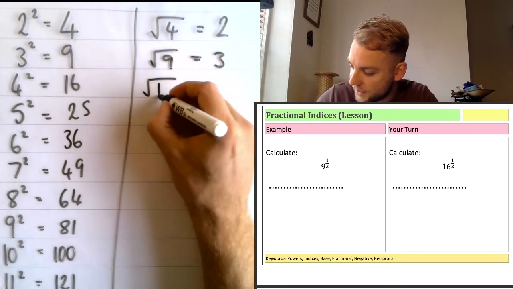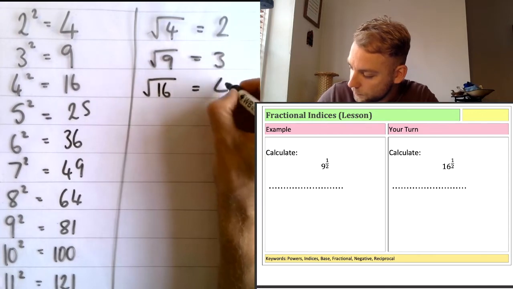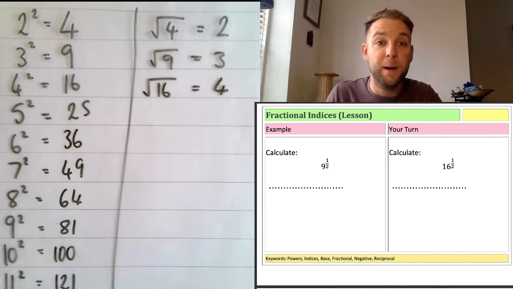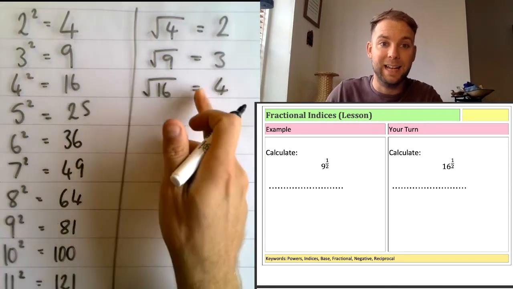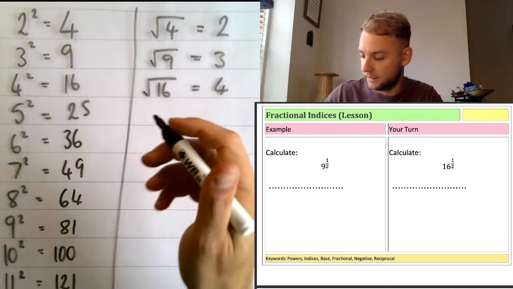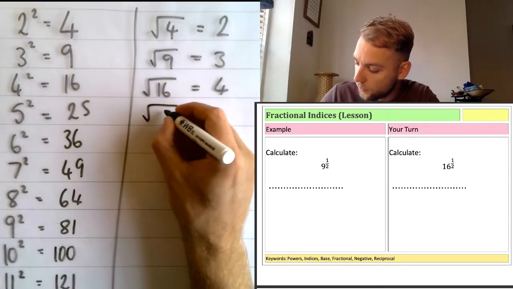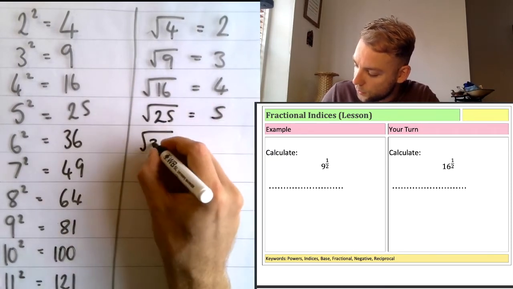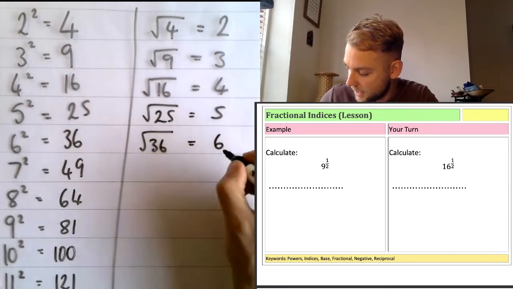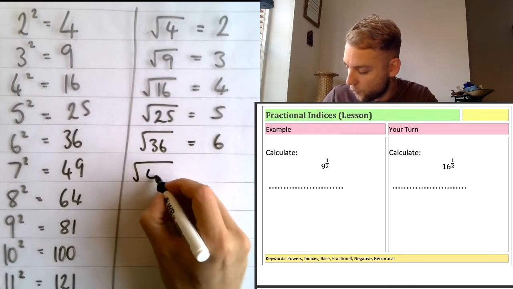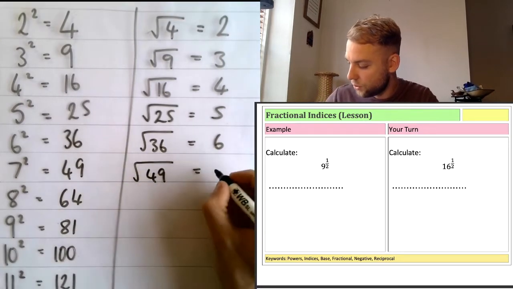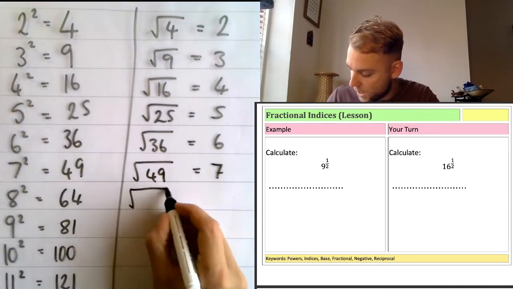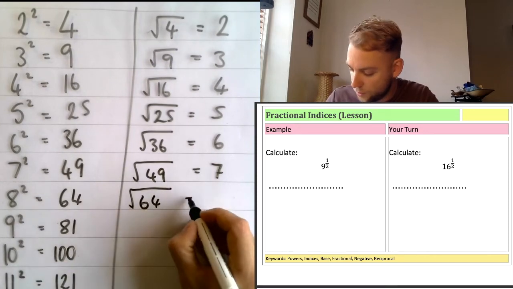The square root of 16 is 4, so what number do I need to times by itself twice to get 16? 4 times 4 is 16. The square root of 25 is equal to 5. The square root of 36 is equal to 6. The square root of 49 is equal to 7. The square root of 64 is equal to 8.